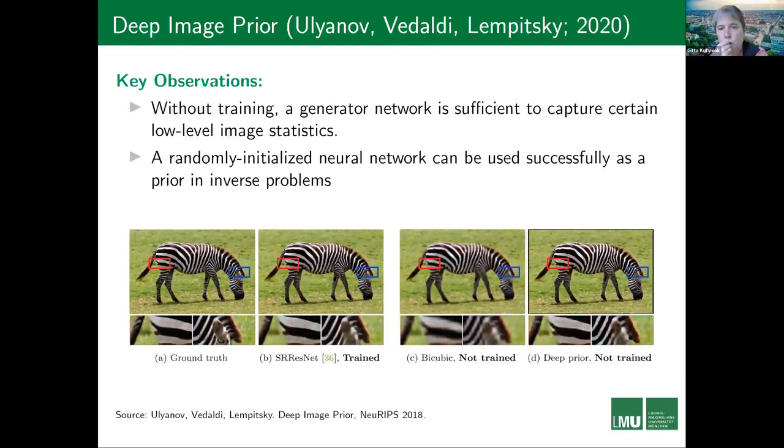So here the network is not trained, but this generator network, which we see in a moment, seemed to already, when it's randomly initialized, capture some image statistics. And so you see here some results of their paper, and what you see is the ground truth. And so this is this approach, deep prior, which is not trained, which gets very close to the ground truth.